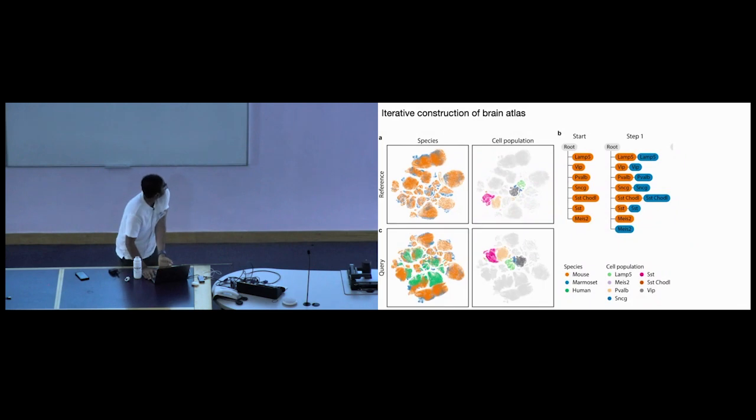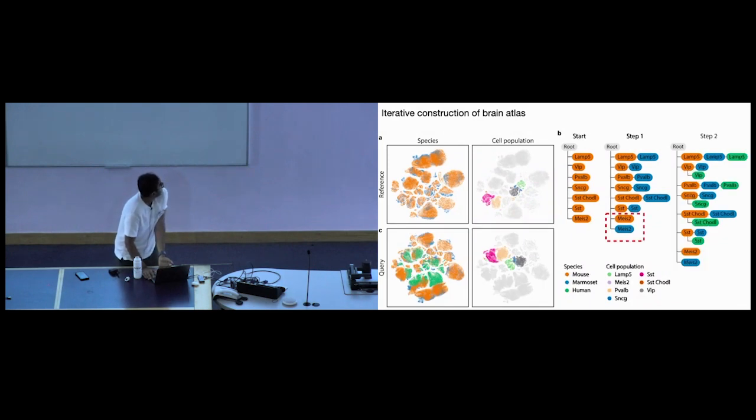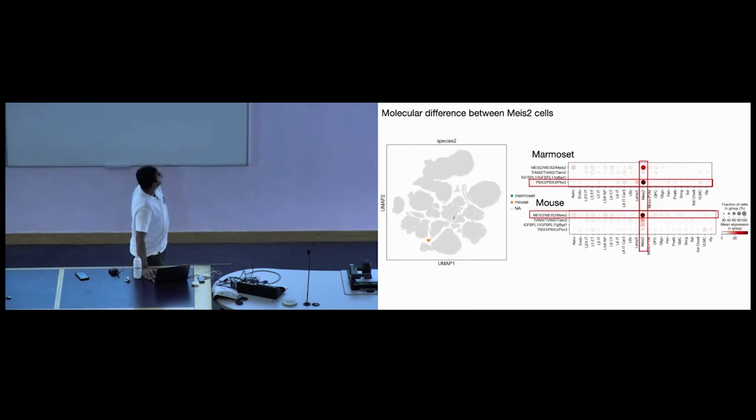So we further explored this to see why this is happening. And indeed what we observed was these mice2 cells were species-specific cell states. So these mice2 cells in marmoset were quite different from the ones in mouse. And we further validated this. And that's why the model did not put them together.